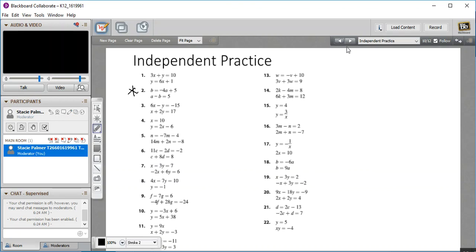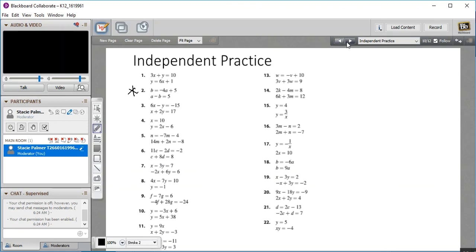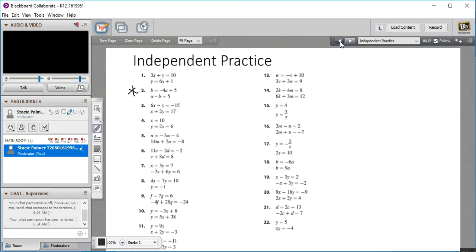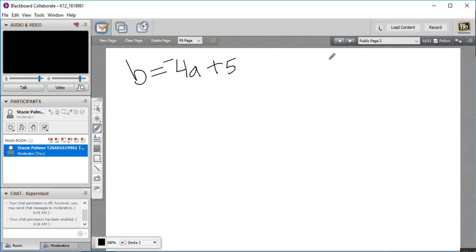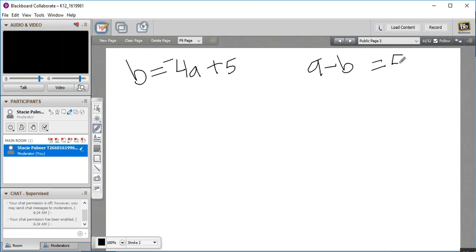b equals negative 4a plus 5, and a minus b equals 5. Okay, so on this one, they just changed up the variables.